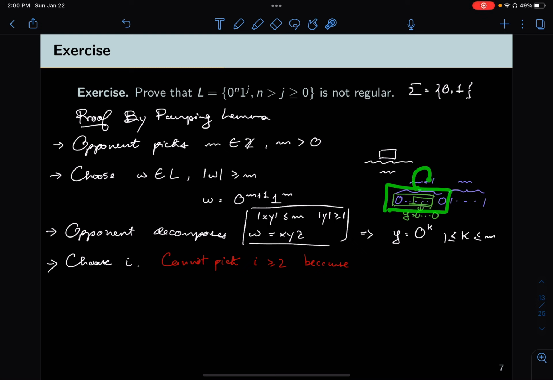By pumping up, you would be adding more zeros, which just increases the number of zeros, so n just becomes bigger and bigger, and you don't get a contradiction, because the initial string already had a number of zeros strictly greater than the number of ones. If you add to n, this inequality will still hold, so you won't get the pumped string outside of L.